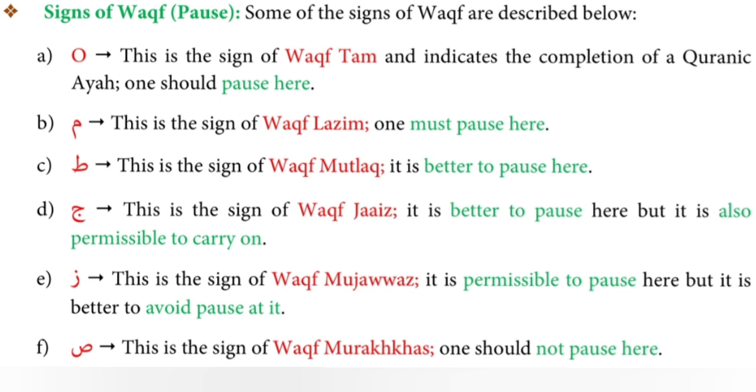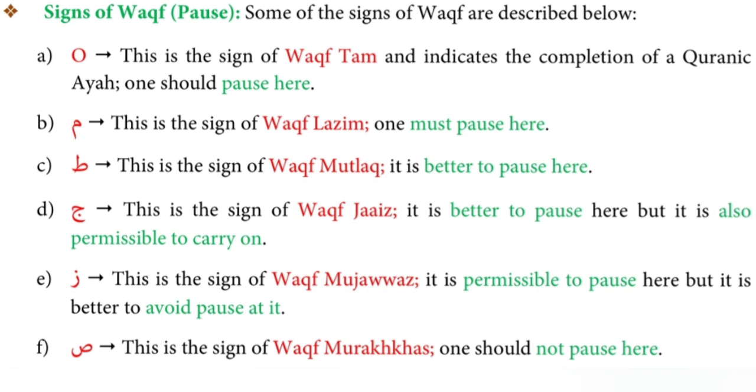Next, lam alif. If the lam alif sign is present above the sign of an ayah, that is circle, and then on top of it lam alif, there is a difference of opinion whether to pause or not. If a lam alif comes without the sign of ayah, then do not pause. Dear viewers, when you see a small lam alif on the top of circle at the end of an ayah, then there is a difference of opinion.